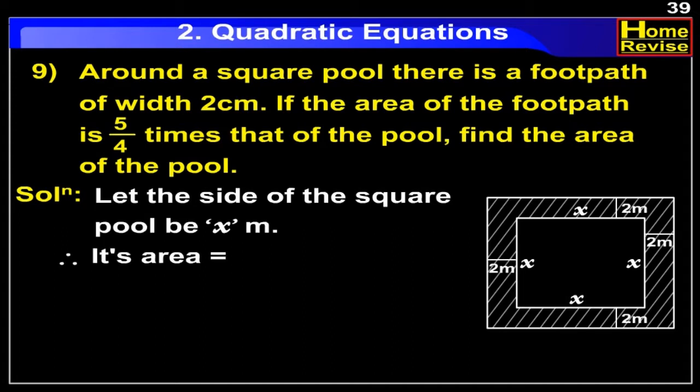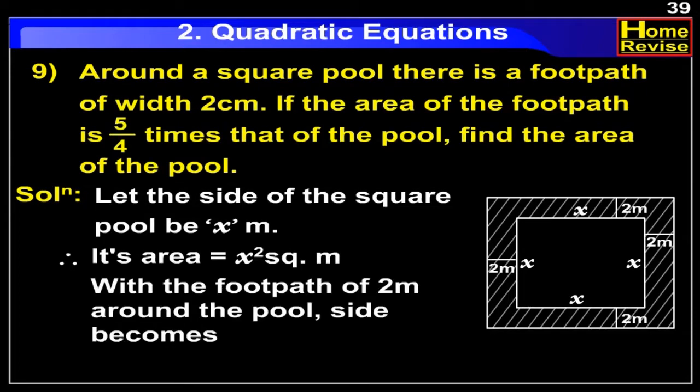Therefore, its area will be equal to x square meters. With the footpath of 2 meter around the pool, side becomes x plus 2 plus 2, which is equal to x plus 4 meters.